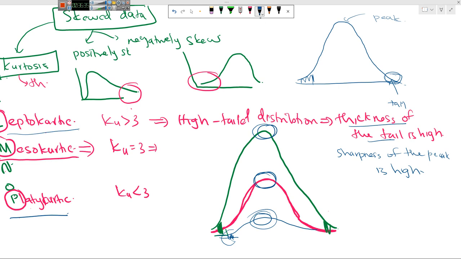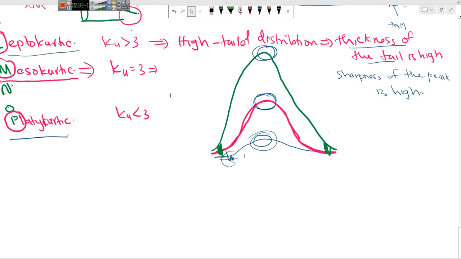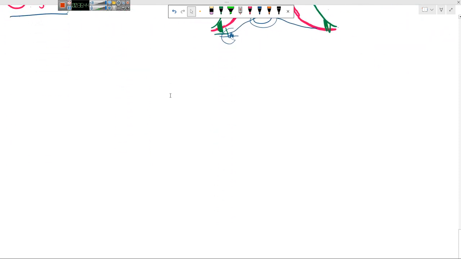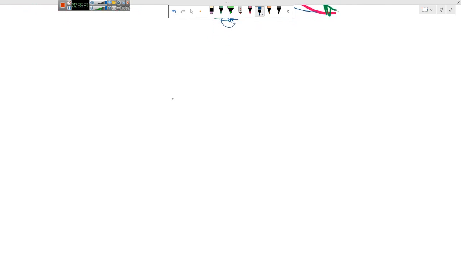The next factor that can make the distribution skewed is a bimodal or multimodal distribution. If our data set has more than one mode, we can classify the data set as unimodal, bimodal, or multimodal.